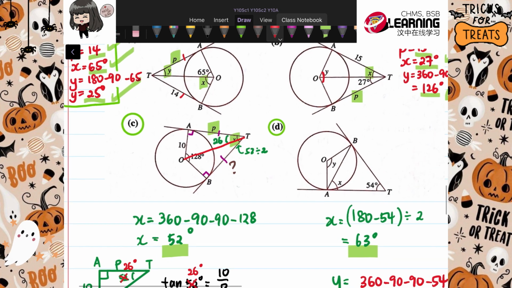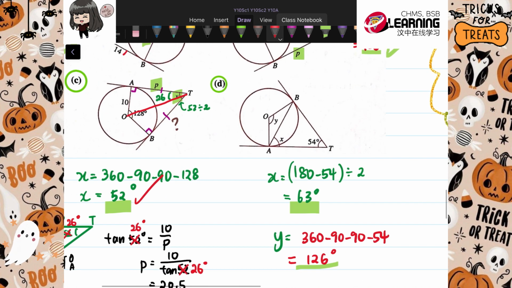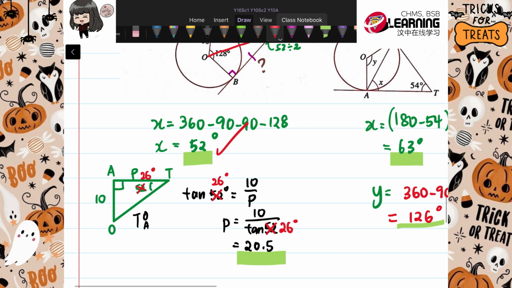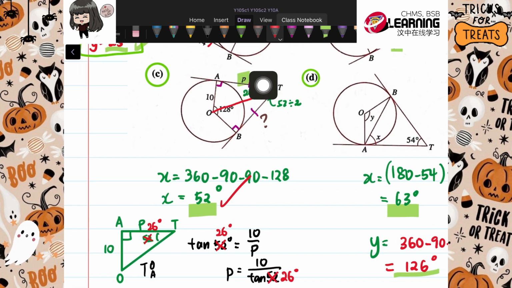And then for c, the answer is 52. For d, x equals 52, and there is a mistake that I have made. Sorry about that, I'm truly sorry about it. This angle is 26. Look at this, this is 26. So when I write it down here, it's supposed to be 26, not 52.